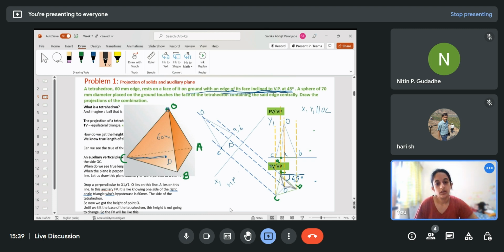So this is my inclined plane and this is my horizontal plane. So the center of my sphere will lie on the angle bisector of this angle, and let us name this as maybe N. Okay, so let us just draw the angle bisector.